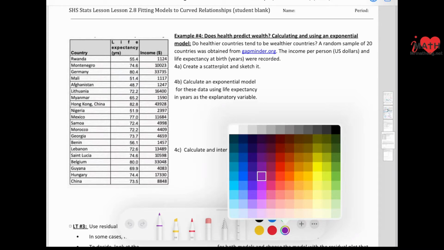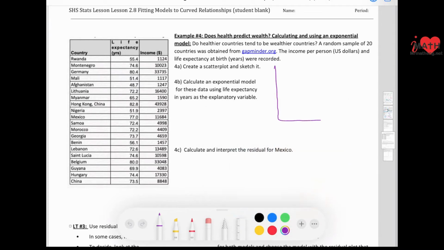So there's my X, life expectancy, how long you're going to live, measured in years. And then our Y is income measured in dollars. Okay? And if you look at your life expectancy, I see a max of like around the 80s, right? Maybe like 85. So I'm just going to write 85.